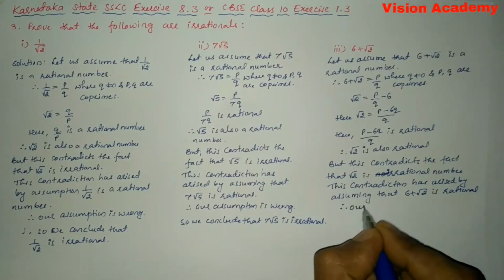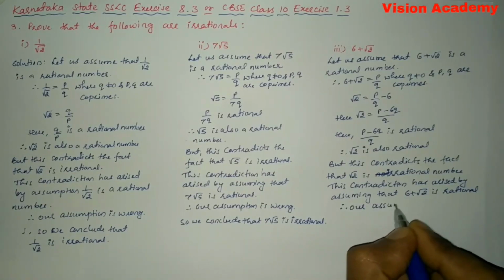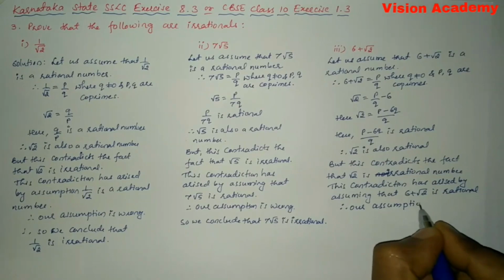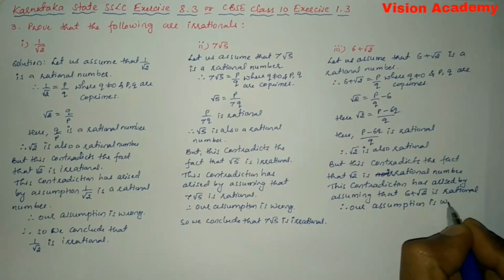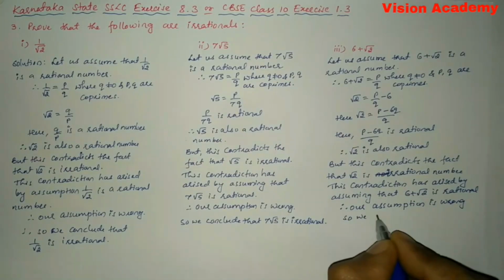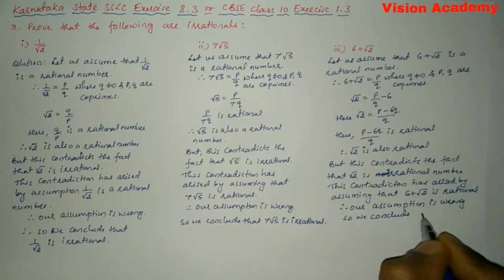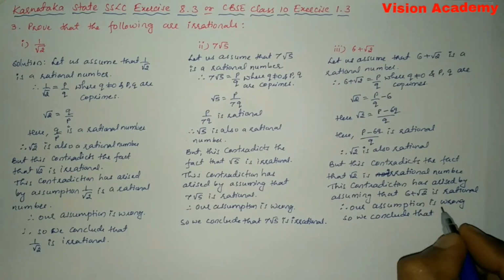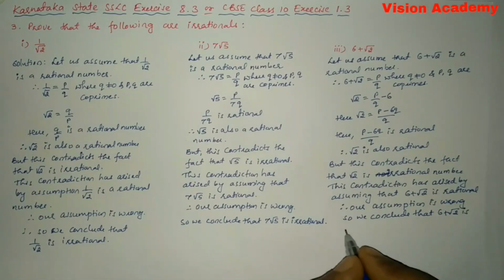Therefore, our assumption is wrong. So, we conclude that 6 plus square root of 2 is irrational.